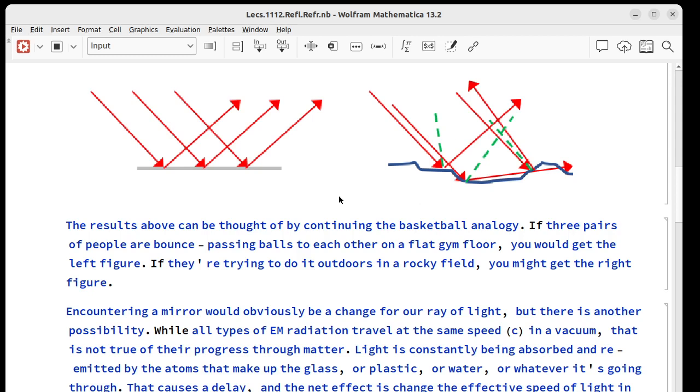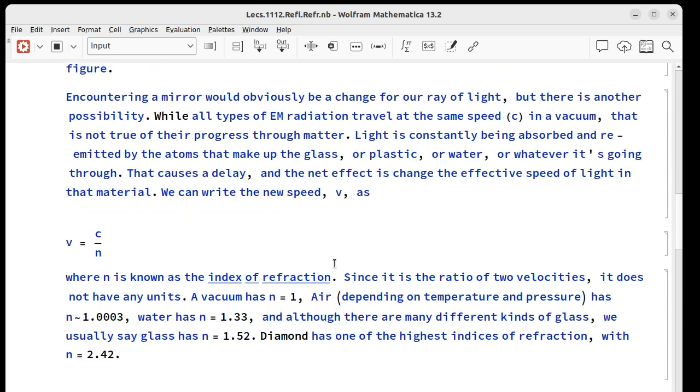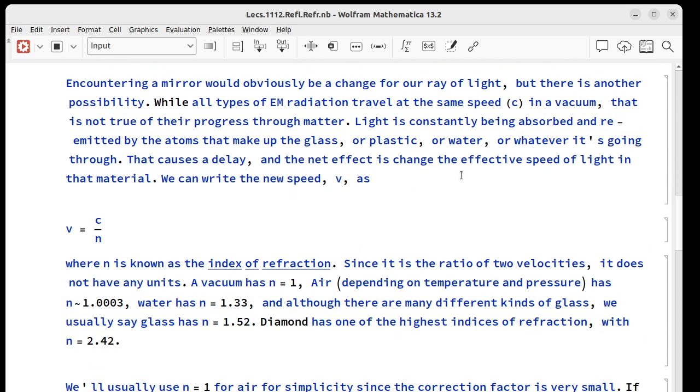So just like hitting a mirror is a change for our light beam, going from one material to another also causes a change. And to understand this, we need to introduce the idea of index of refraction. We've seen before that all kinds of electromagnetic radiation, that's light and IR and radio waves and X-rays and all that, travel at the same speed in the vacuum of space.